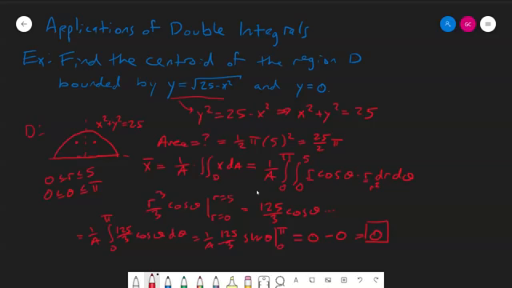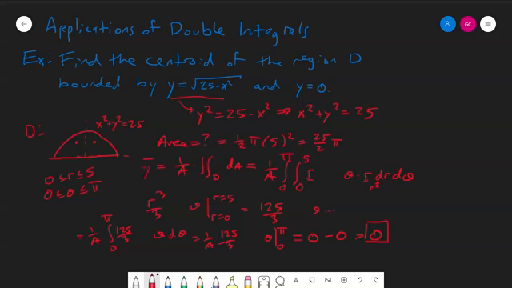Now let's find the y-coordinate. I'm going to erase a little bit of my work here because the calculation starts out at least very similar. So if I'm going to find the y-coordinate, we're going to start off with a bunch of y's. I'm going to erase all the x's.